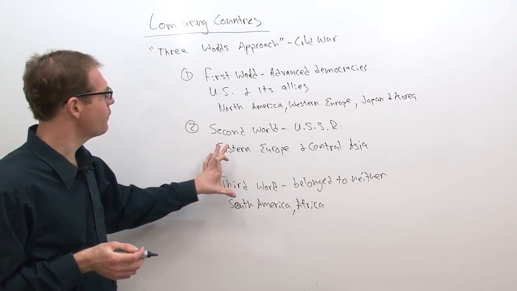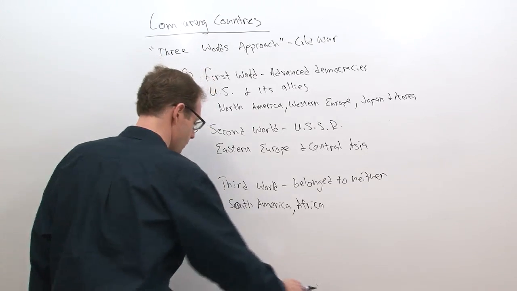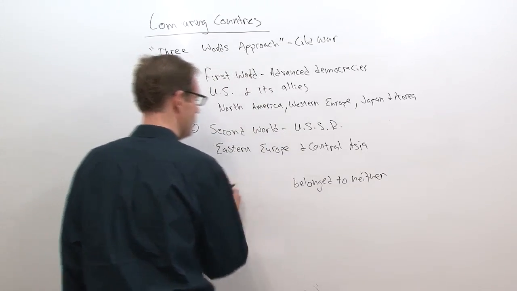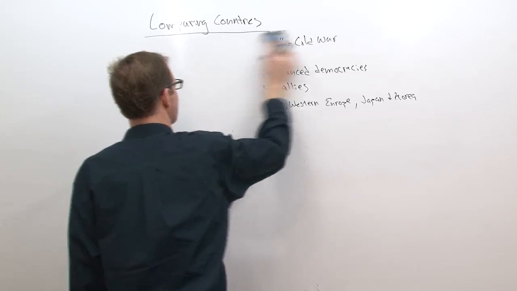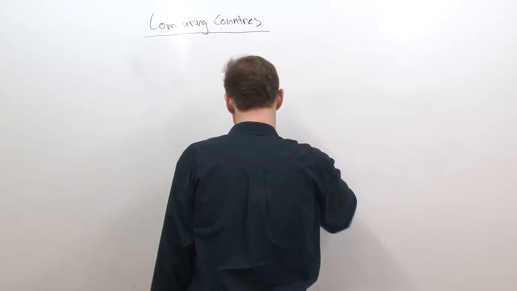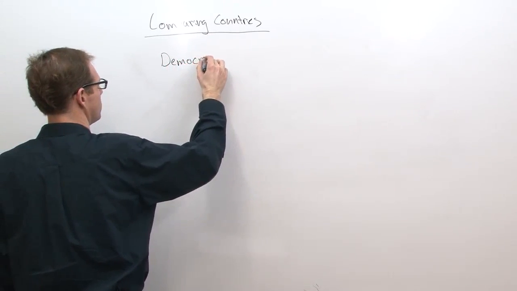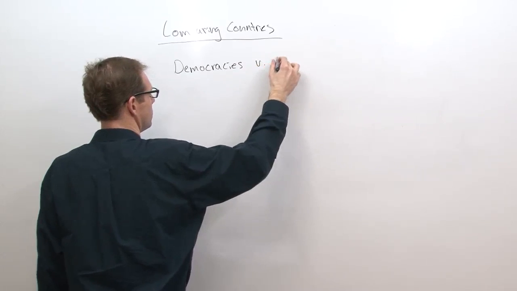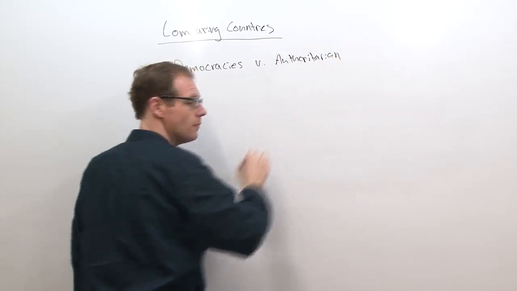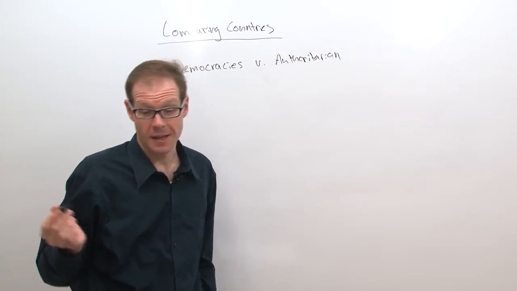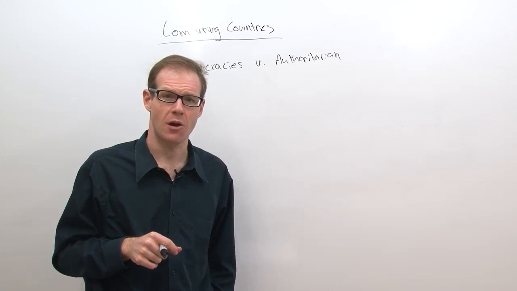So we're moving away from this model, the three worlds approach, which brings us to our second approach of comparing countries. That is, those countries which are democracies, and those countries which can be said to be authoritarian. In this system, as I said just a moment ago, which countries have democratic governments and which countries have authoritarian governments.